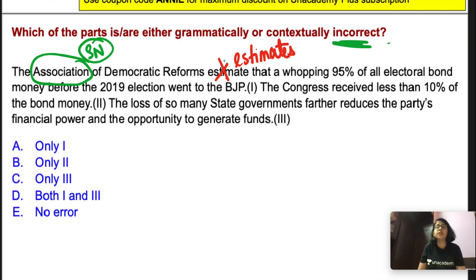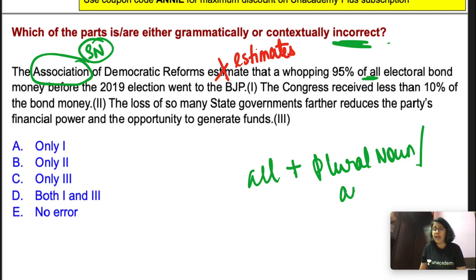Estimates that a whopping 95%, whopping means a high value. A whopping 95% of all has been used, all electoral bond money. So after all, you have to either use a plural noun or an uncountable noun.